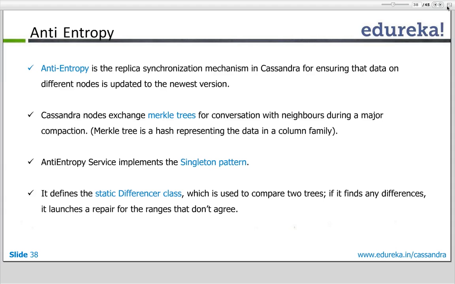It will create the Merkle trees. A Merkle tree is nothing but a hash representing the data in a column family. It's a kind of tree data structure, a hash tree you use. It will create one Merkle tree for a column family. Then it will compare with the neighboring nodes where you want to place the replicas, right?